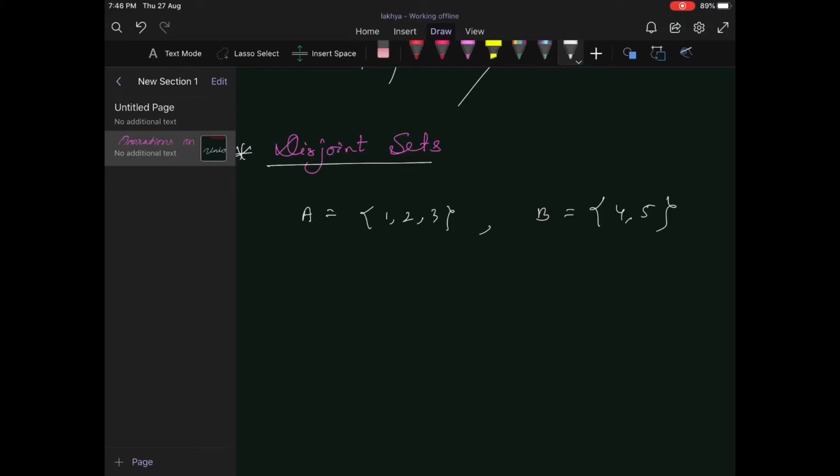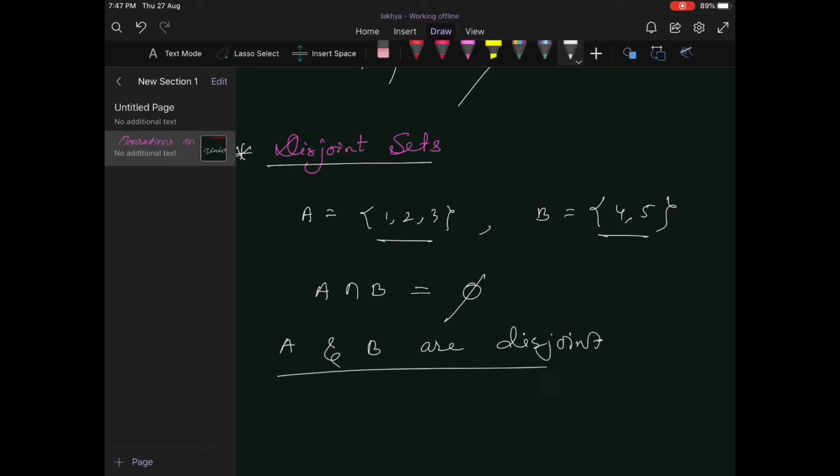Set B contains, suppose, 4, 5. Here you see A intersection B must be equal to ∅ because there are no common elements in these two sets. In this case, A and B are disjoint.